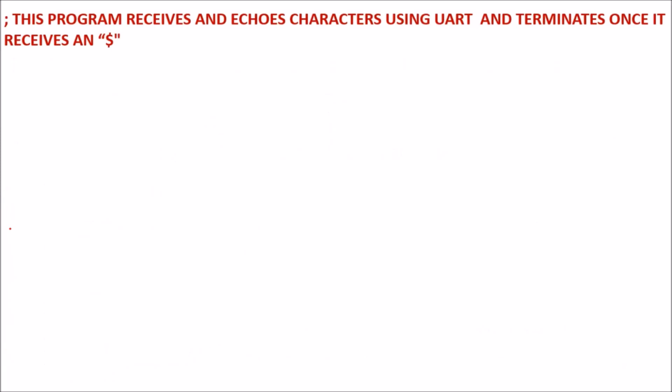Now just go through the program. This program receives and echoes the character. In the Keil software, during simulation, there is a serial communication window where we can observe the transmitted character, and we'll send a character to this 8051 Keil simulator through the keyboard.